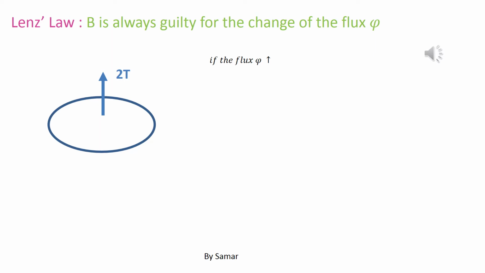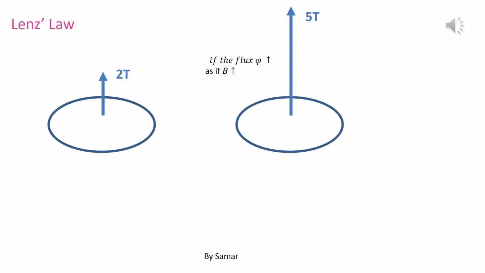So imagine that you have a loop with no current in it, but the magnetic field was 2 Tesla and suddenly it becomes 5 Tesla. Since 2 suddenly became 5, nature doesn't like this change, so it will create a current in a way that it will create a B induced opposing those 5 Tesla to regain 2 Tesla again.